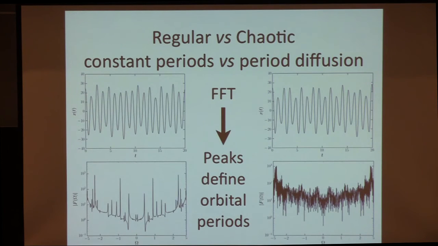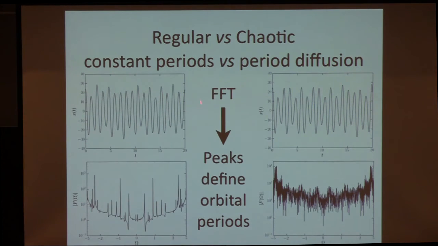So what Adrian did was look at this a little more carefully by coding up some classic machinery for measuring what are called chaotic diffusion rates of orbits in different potentials. And the way to think about this is if you take a regular orbit in a potential, you can measure something like, say, its distance along the x-axis as a function of time, and it's going to oscillate up and down.